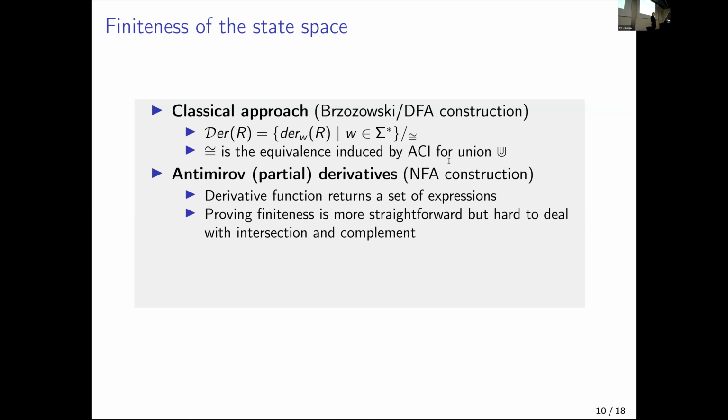And actually, the proof of finiteness for Antimirov derivatives is extremely straightforward, but the more complicated part is dealing with the extended operators. So in our approach, we wanted to take inspiration from the Antimirov-style proof and extend it to our setting.